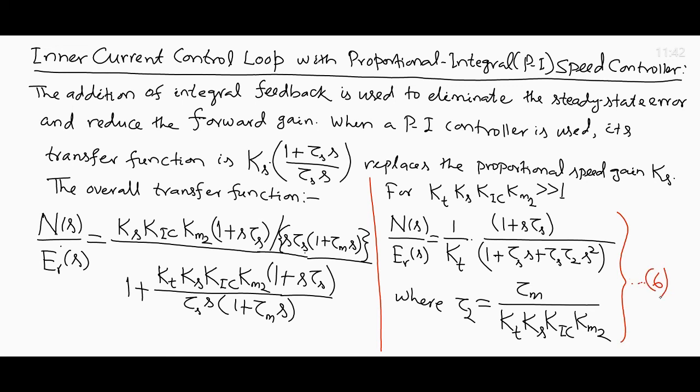And the transfer function current IAS by reference speed ERS is in the same manner, NS by ERS into IAS by NS.